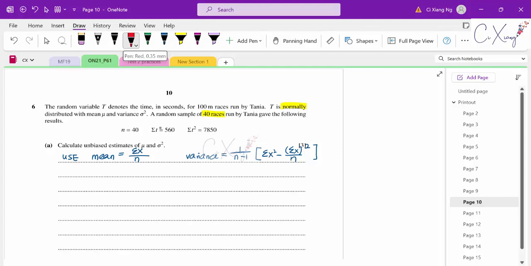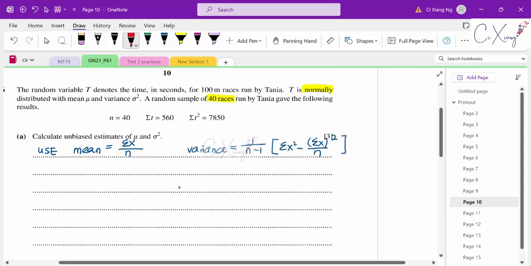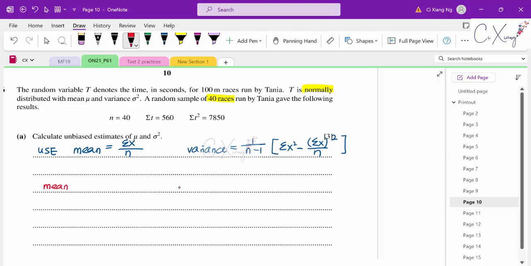I think this question is quite straightforward. You just need to substitute in the values provided. To calculate the unbiased estimate for the mean, the formula is 560 divided by 40, and the value you get is 14. How about the variance?